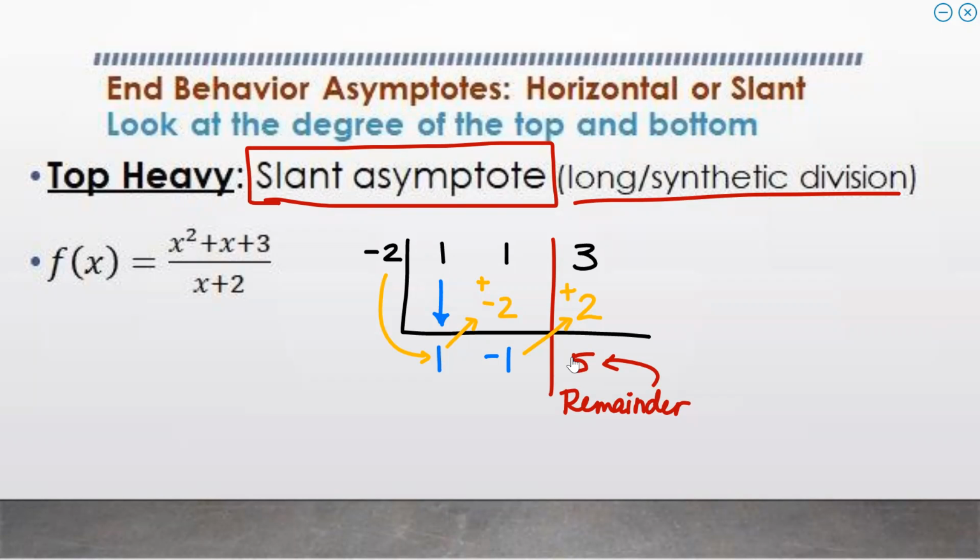This is my end behavior asymptote. Which way is this slanting? Does it have a positive slope or a negative slope? Has a positive slope. So if I was going to write the end behavior based on this, I could say as x approaches infinity, what is our function f of x doing? Which way is it slanting? Is it slanting up or down as I move to the right?